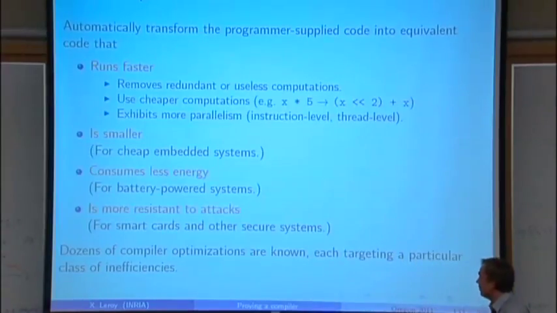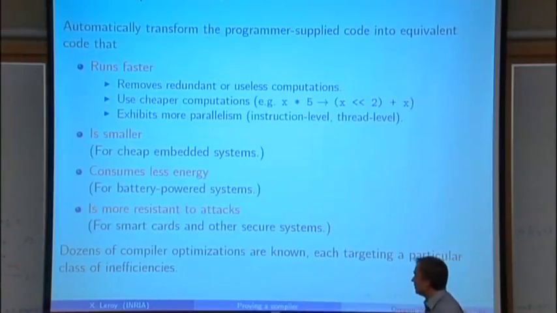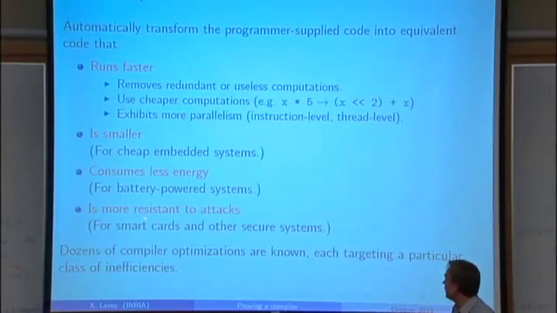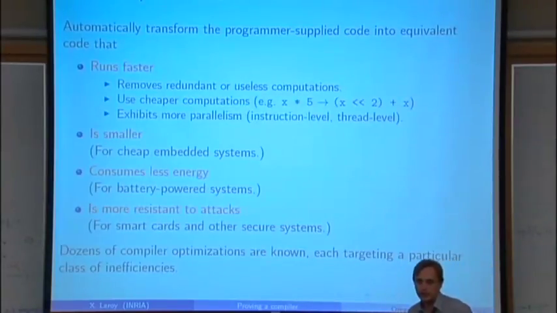Maybe you want to optimize for energy, especially for battery-powered systems like smartphones. Or maybe you want code that is more resistant to attacks, in particular observation or perturbation attacks, so security attacks. That is typically the case for smart cards or cryptographic coprocessors and other highly secure systems.